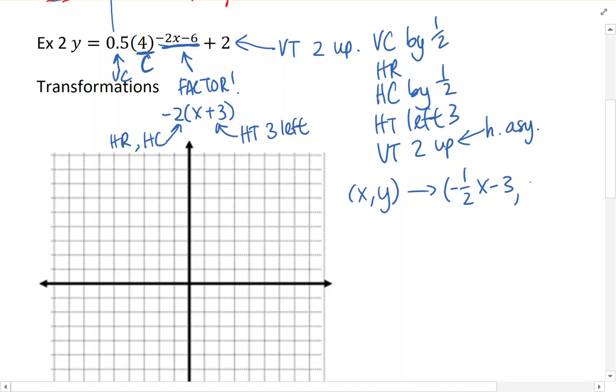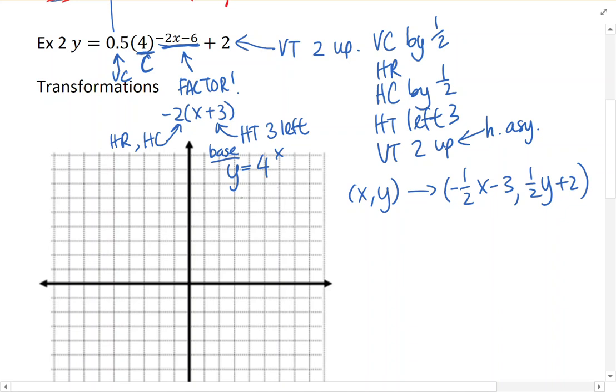Our y will be compressed and moved up. Now we need to think about what our base values are going to be. Unlike all the other functions, we have a very specific base here. It's not just y equals c to the x, because we have a specific c. In this case, that c is 4. So here is our base function.